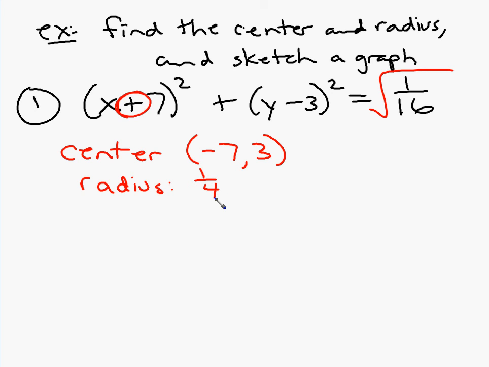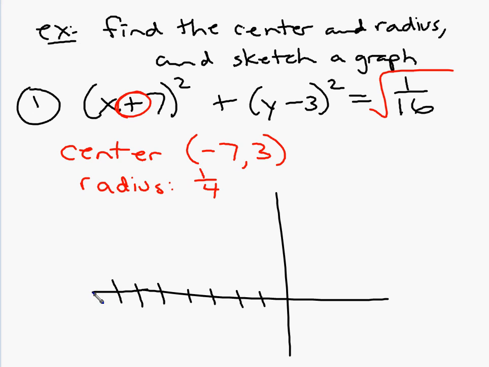This is a really tiny circle. So my center is over at 1, 2, 3, 4, 5, 6, 7, up 3, 1, 2, 3. There's the center of the circle, but my radius is only 1/4 of a unit, right?